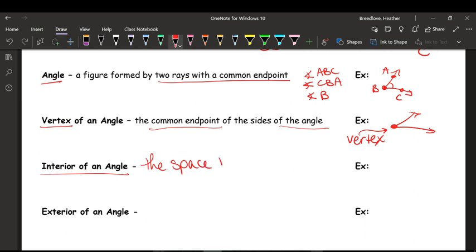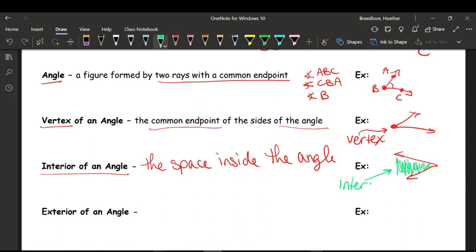So if I have this angle, all of this space inside the angle is the interior. Everybody agree with that? We're good?